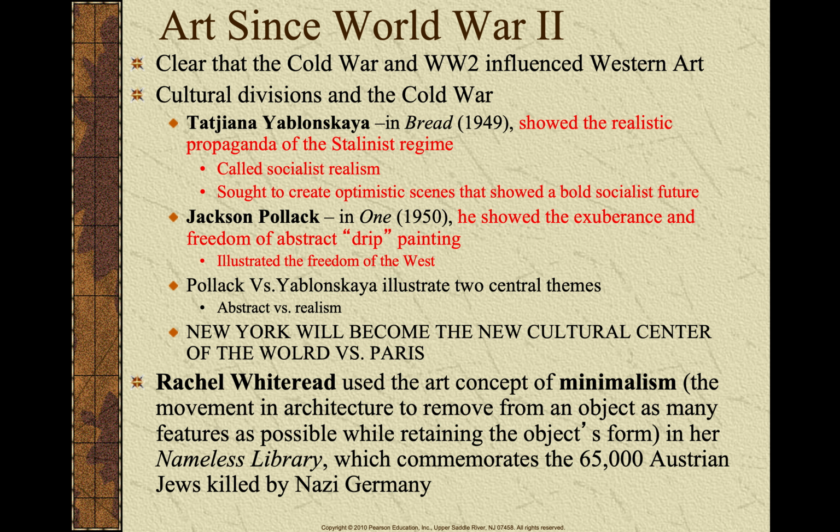Another artistic movement that we're going to see is minimalism, and this was an architectural movement that wanted to try to make objects as simple as possible, but so you could still understand what they were. You were trying to remove from an object as many features as possible while retaining the shape of the object, so you could understand what that object was.